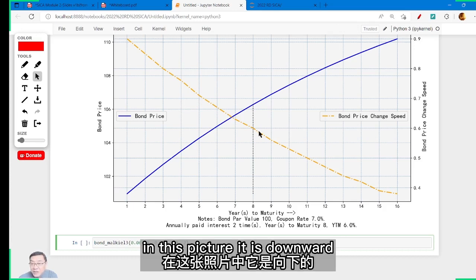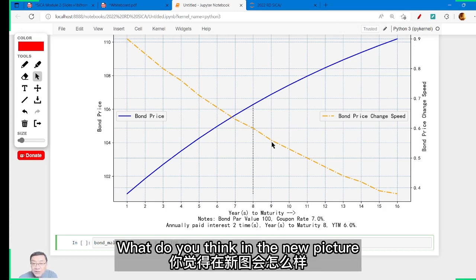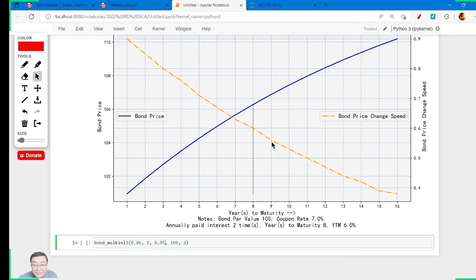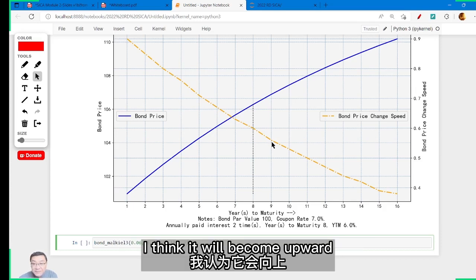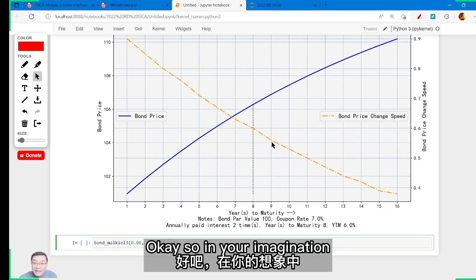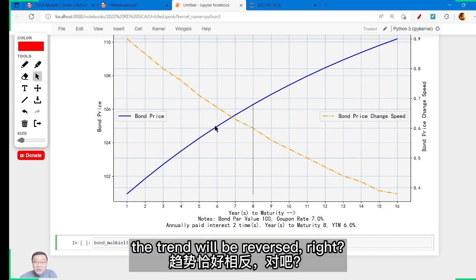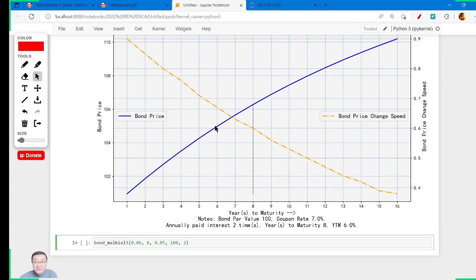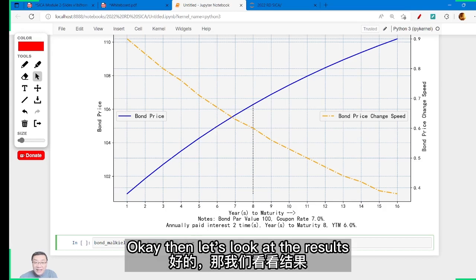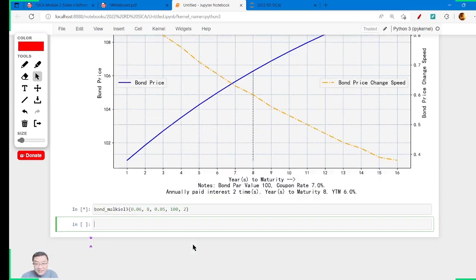In this picture, it is downward. What do you think in the new picture? Their trend will become upward. So in your imagination, in the new scenario, the trend will be reversed, right? Yeah. Okay. Then let's look at the results.